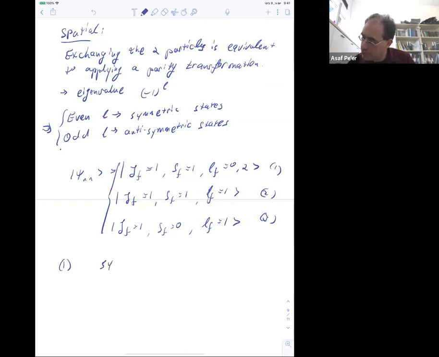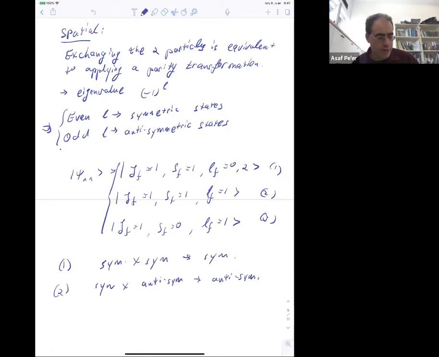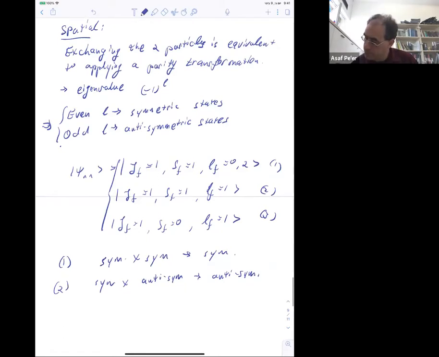Symmetric times symmetric is symmetric. Second option, S equal to 1, that's symmetric, times L equal to 1, which is antisymmetric. That's antisymmetric. And the last option is S equal to 0, which is antisymmetric, times L equal to 1, which is antisymmetric. That is symmetric.